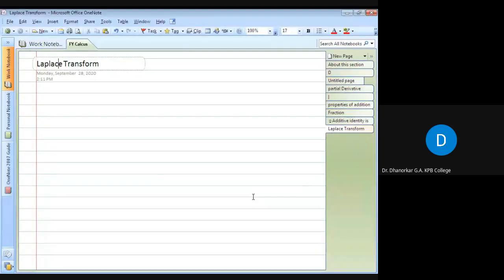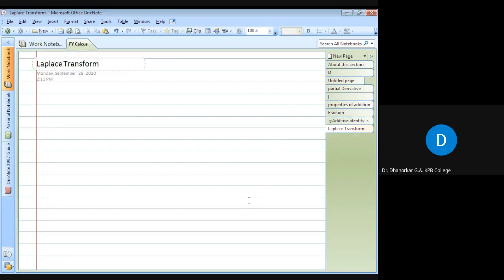We know the definition of the Laplace transform. Then we have gone through the existence of the Laplace transform. The necessary condition is that the function should be of exponential order. After that, we have gone through some properties.